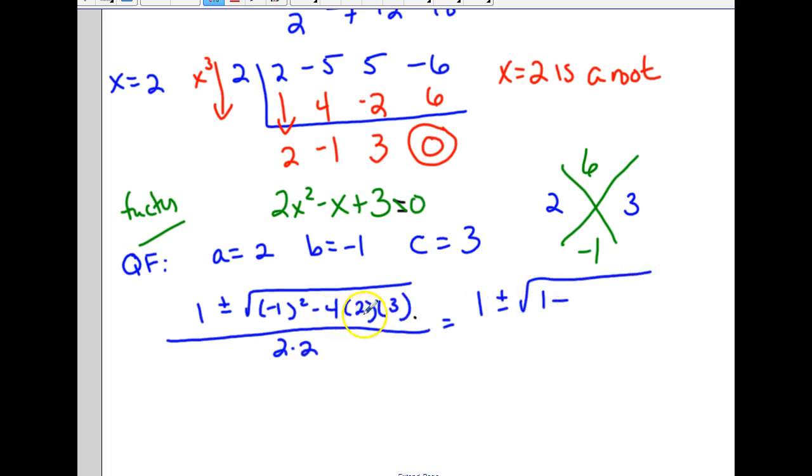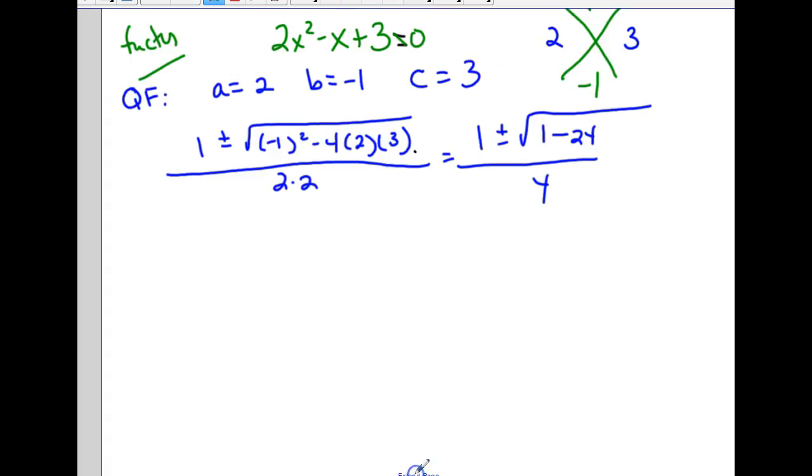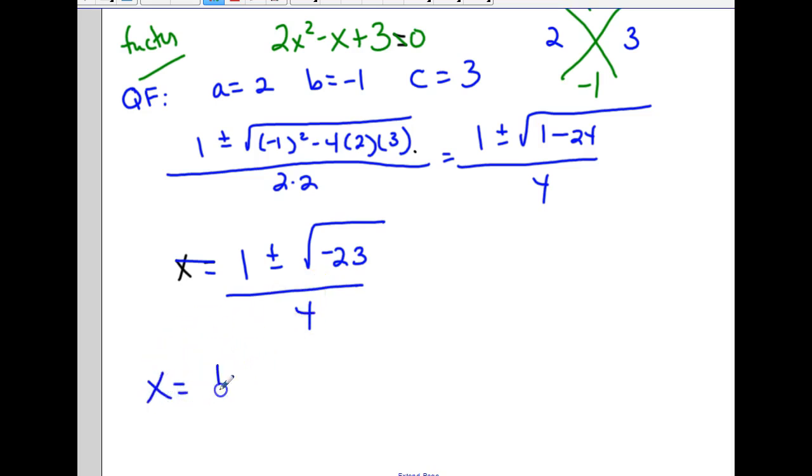Underneath here, I get 1 minus 4 times 6. This is 24. All over the number 4. So my solutions are x is equal to 1 plus or minus the square root of negative 23 all over 4. So x is equal to 1 plus or minus i root 23, the whole thing over 4.